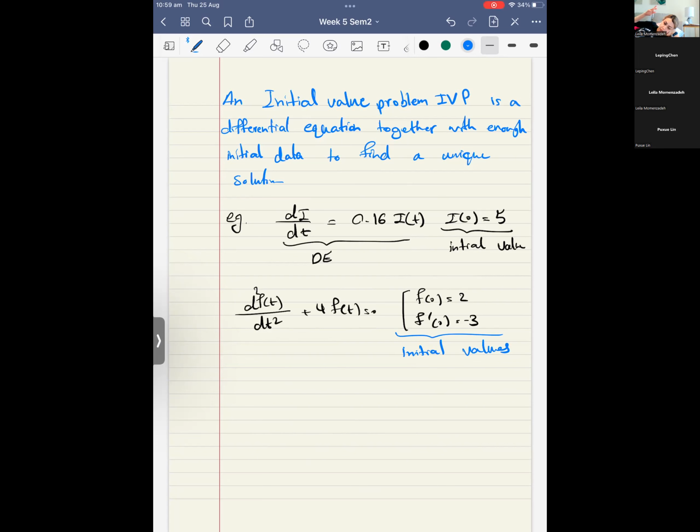You should find the initial value, initially to find the unique solution for the IVP, initial value problem.